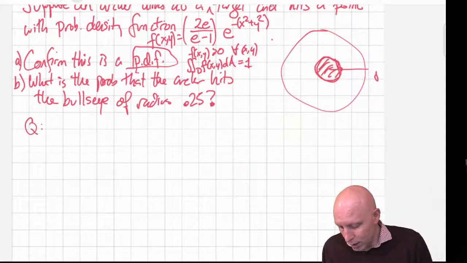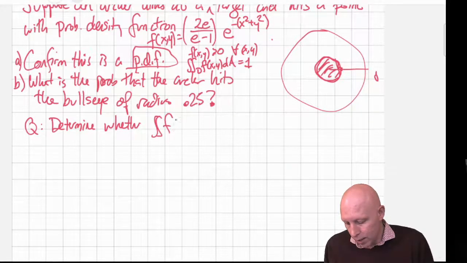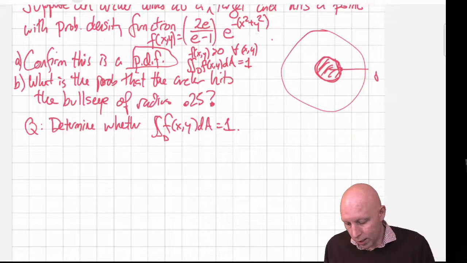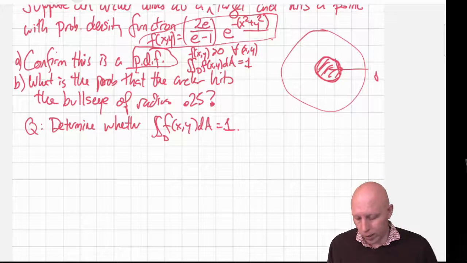So, how do you determine whether the double integral of f of x, y dA is equal to 1? In this case, if we look at this equation, we have another clue that this should be a polar integral. x squared plus y squared is equal to r squared.